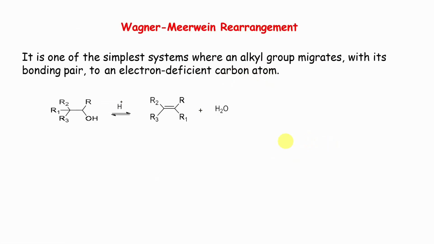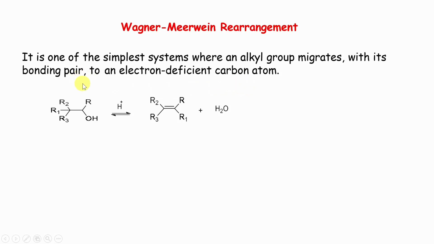In this video, I will be discussing Wagner-Meerwein rearrangement, which involves the migration of an atom or group to an electron deficient carbon atom. Wagner rearrangement is one of the simplest rearrangement systems, where an alkyl group migrates with its bonding pair to an electron deficient carbon atom.